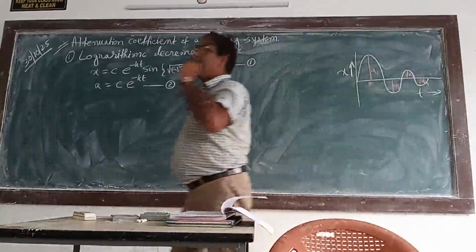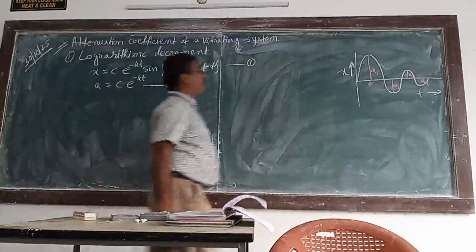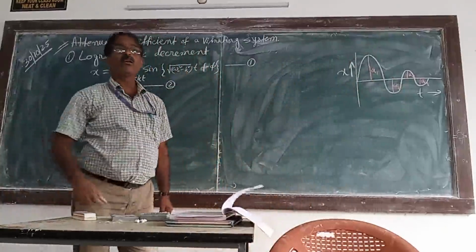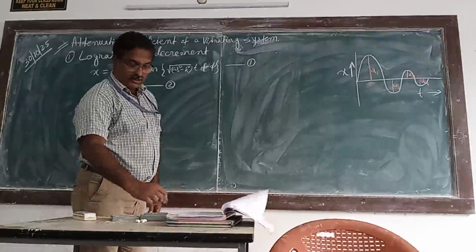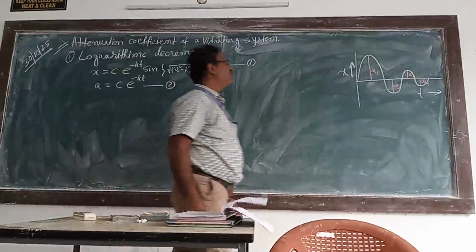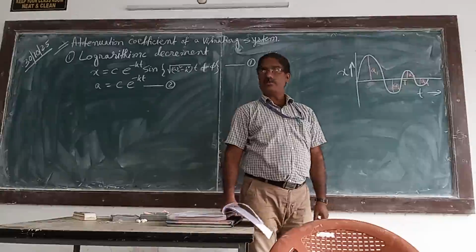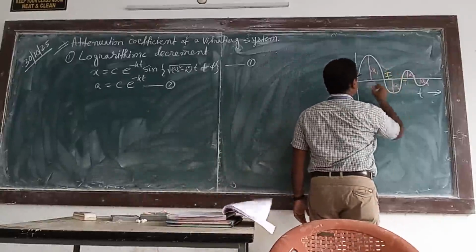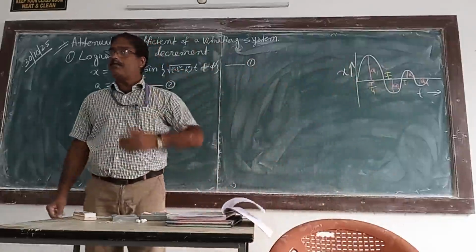At what time do we get the first amplitude? This is T, the time period of oscillation, one cycle. This is T by 2, and this is T by 4. So at T by 4 we get the first amplitude.